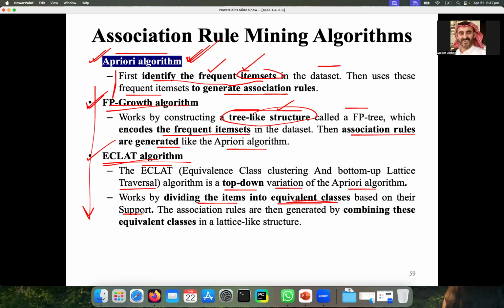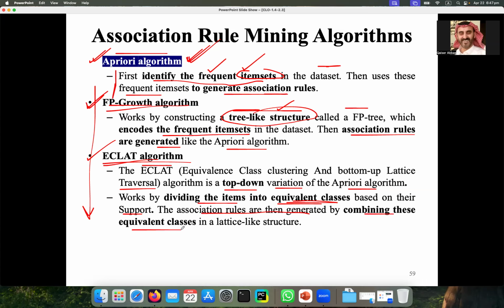So it will count the frequency of each item first, and then the items which have the same frequency, it will put in one class, and another class. In this way, it can build equivalent classes. And when the classes are done, it can generate the association rules by combining these equivalent classes.